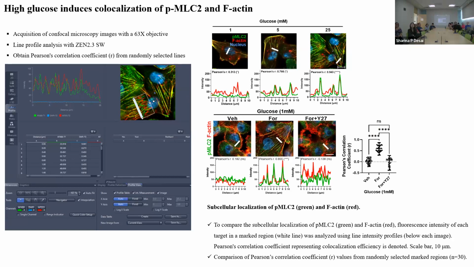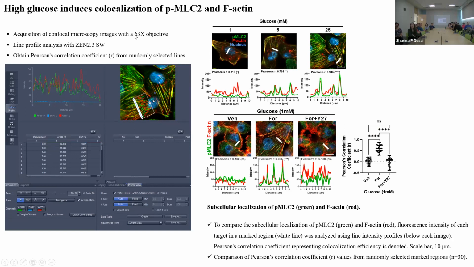My third question was whether glucose increased the formation of actomyosin, which induces cell contractility. Actomyosin refers to a thin myosin complex that forms within the cytoplasm. Actomyosin contractility occurs when the phosphorylated myosin protein is on the active actin. Therefore, I performed co-localization to confirm that glucose increased the co-localization of phosphorylated myosin protein and active actin.